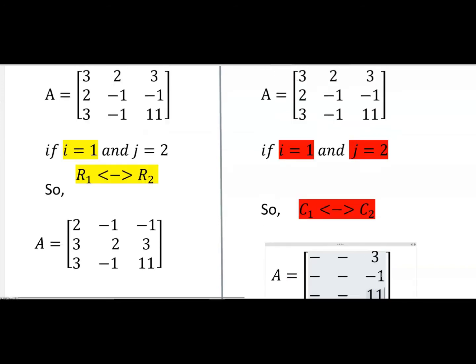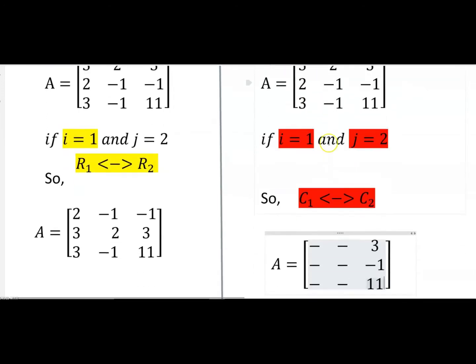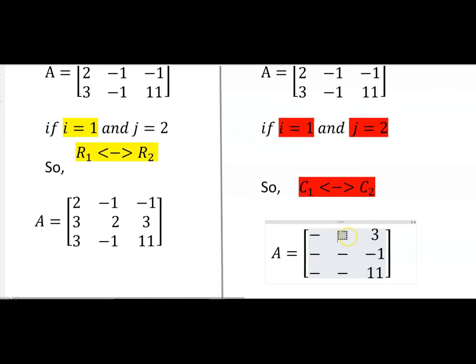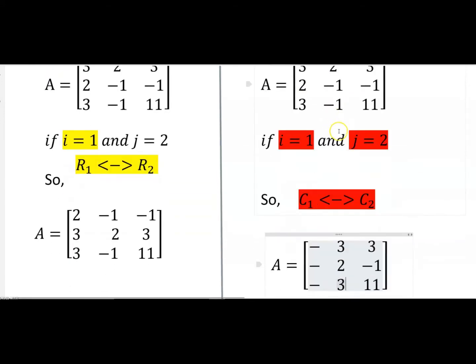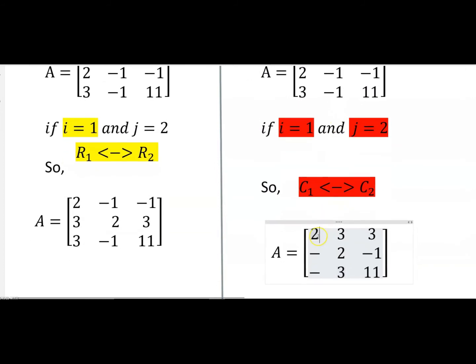Now the first column will become the second one, so it will be 3, 2, 3, and the second column will become the first one, that is 2, minus 1, minus 1. So this was the first operation.